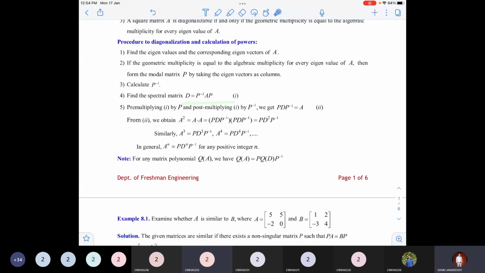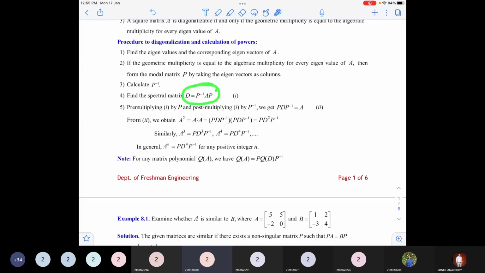After completion of diagonalization of the matrix, we need to find the powers of the matrix. How to find powers, you should know that also. It is very easy to find powers. Remember, the diagonal matrix D is equal to P inverse AP.